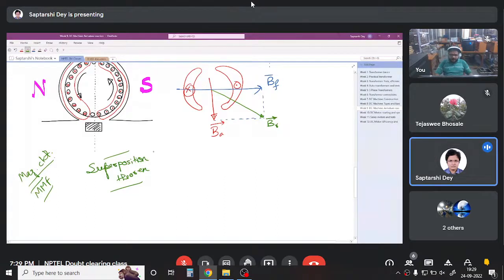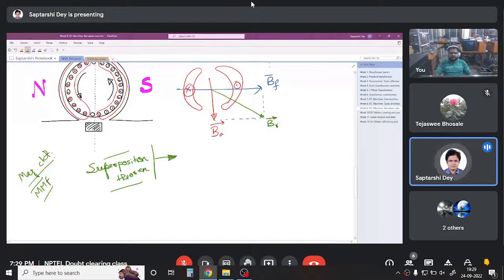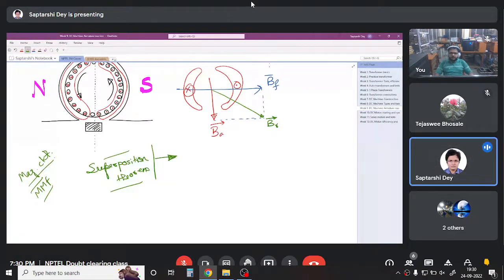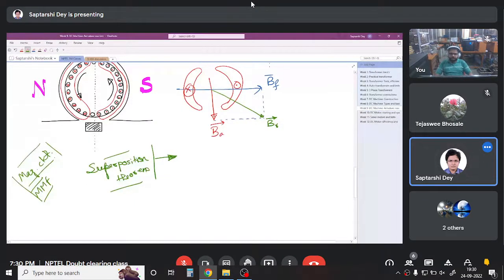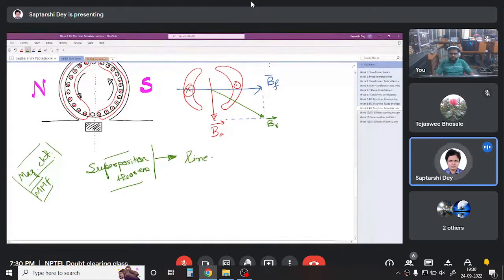But there is a criterion that the system, any system, not only a machine but a circuit or any other system, must fulfill so that we can apply the superposition theorem. What is that criterion? Can anyone tell me? The system must have some property. Okay, the system must be linear.